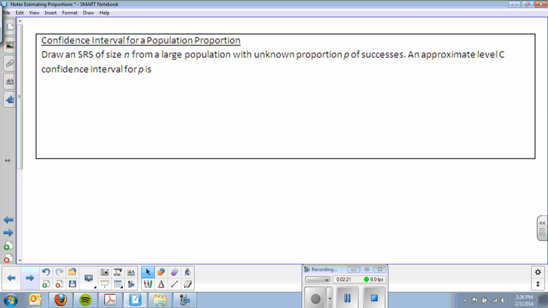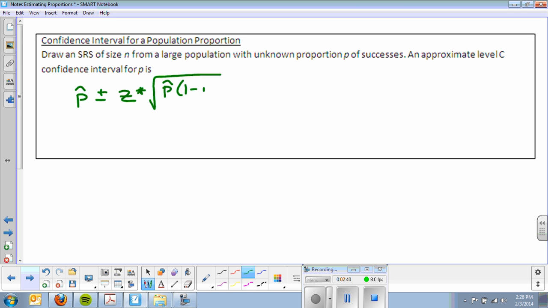Okay, so another formula. If I want to make a confidence interval for a population proportion, I take a simple random sample of N from a large population, and the formula is this: P hat plus or minus Z star times the square root of P hat times 1 minus P hat over N. And again, we're just plugging and chugging. This P hat is the estimate, or the statistic. It comes from the sample.